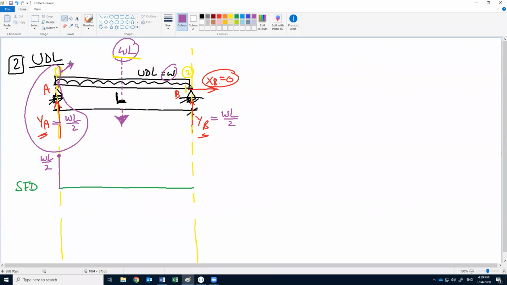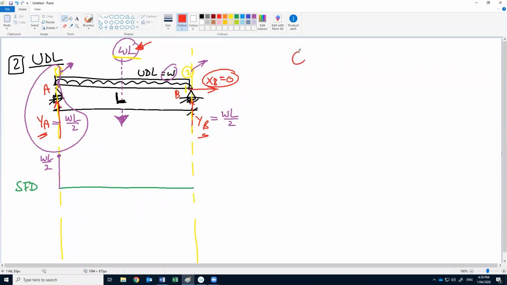This is cut 1 and this is cut 2. What are the forces we have? What is the applied force from 1 to 2? This force, right? How can we deal with the uniform load? Because the uniform load is different from the concentrated load.